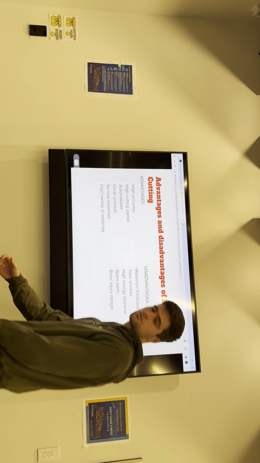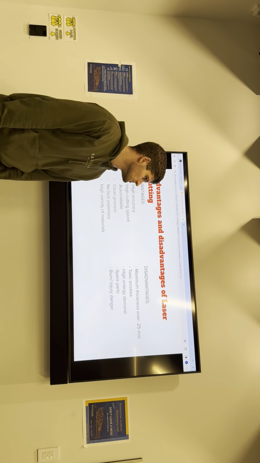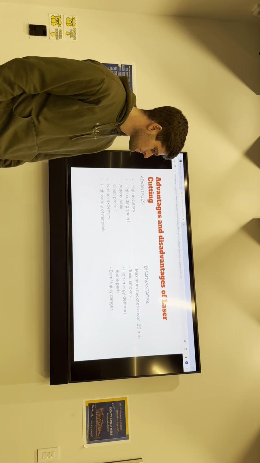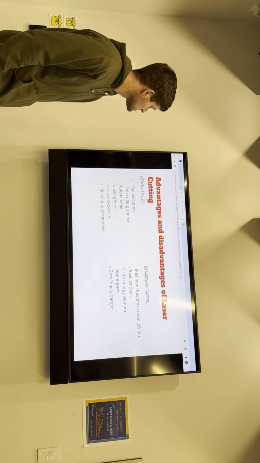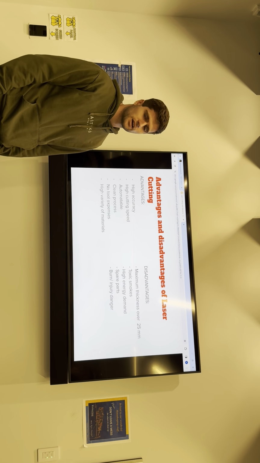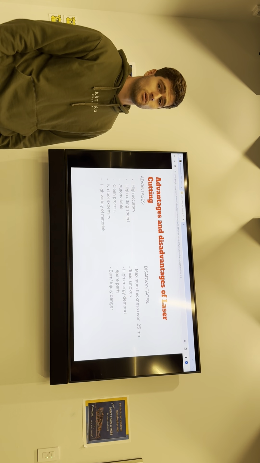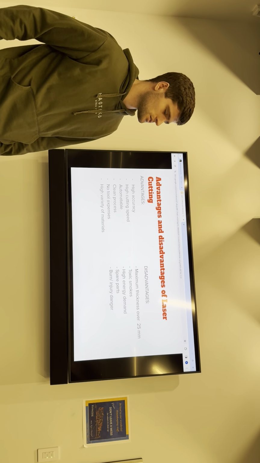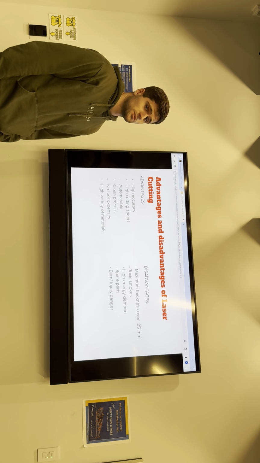Okay, and just to finish with this presentation, I'm going to talk about some of the pros and cons of both of these technologies. Starting with the laser cutting, the main advantages are, for example, the high accuracy of the cut, the high cutting speed, although the speed depends on the thickness that you want to cut. Also, it's an automatable process.